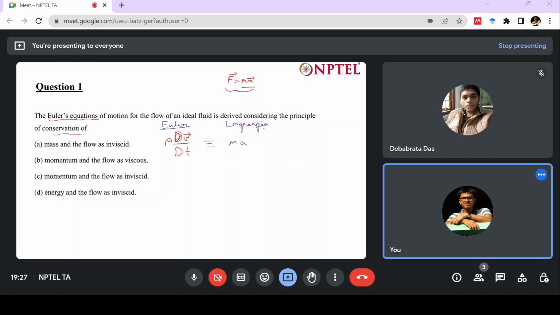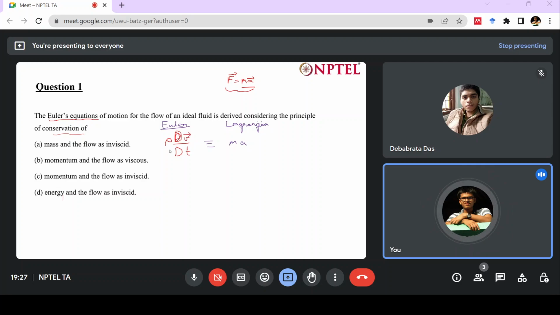So what is this? This is for a point mass, a point particle. And this is for a particular point in a domain of an Eulerian system. We have fixed a particular area that we are visualizing, and for a particular point in that area, the mass times acceleration is given by rho times the material derivative of the velocity.